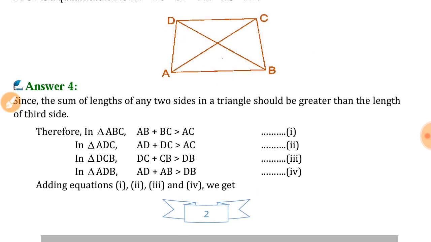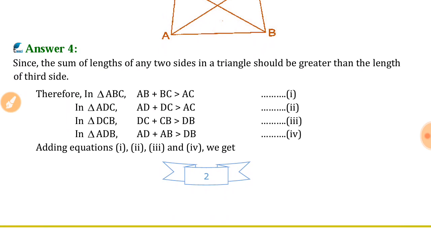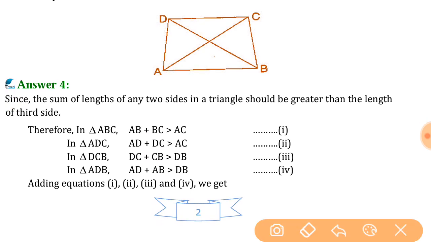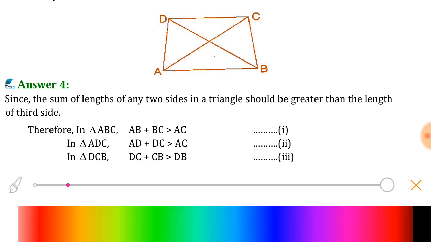Since the sum of the lengths of any two sides of a triangle is greater than the third, each triangle you can take: AB plus BC is greater than AC. So consider the triangle like this, one triangle considering AB plus BC is greater than AC.